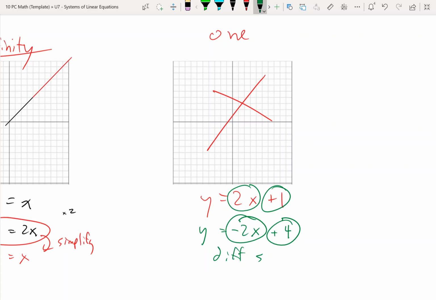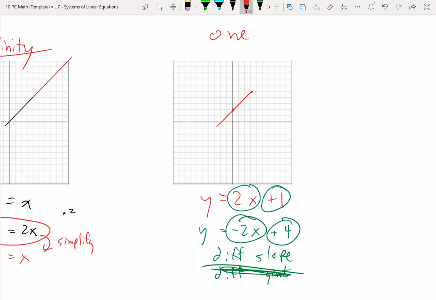To be honest, the y-intercept can be the same and it doesn't really matter. They just have to be a different slope. For example, if the y-intercept was 2, those two lines have the same y-intercept, but because they have a different slope, they have 1 point of intersection.